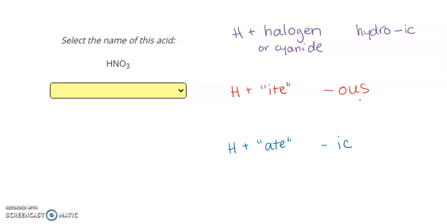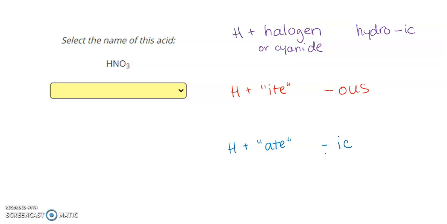Okay, so we've got NO3 stuck to H. Well, NO3 is the polyatomic ion nitrate. That ends in ate, so we're going to use this path right here. So we're going to take nitrate and change that ending to ic.